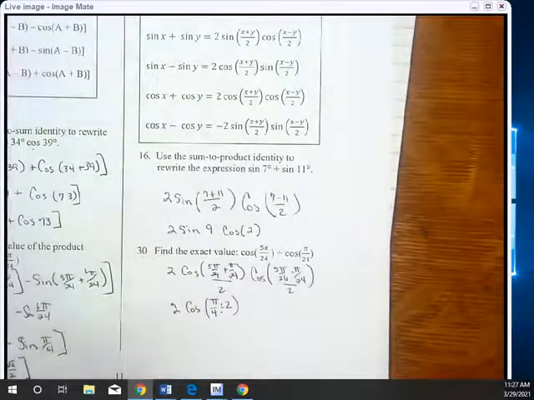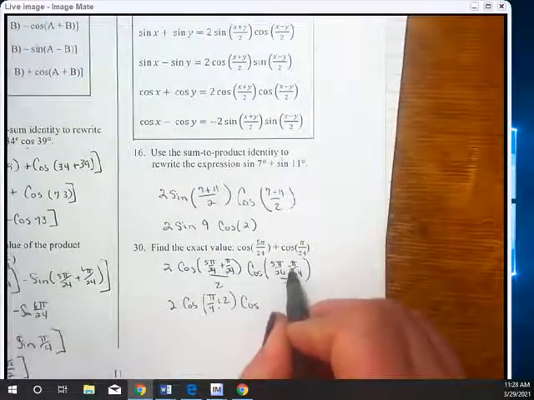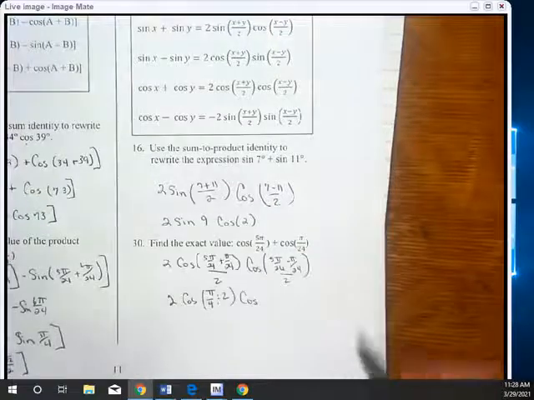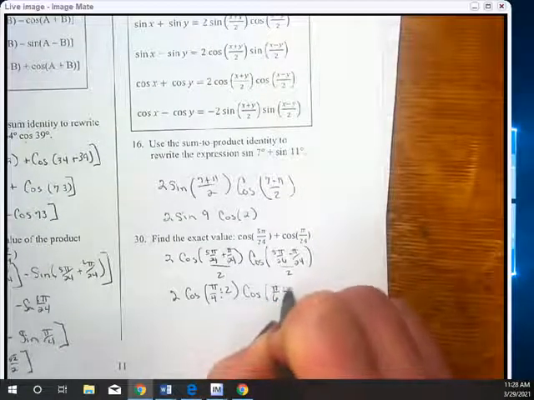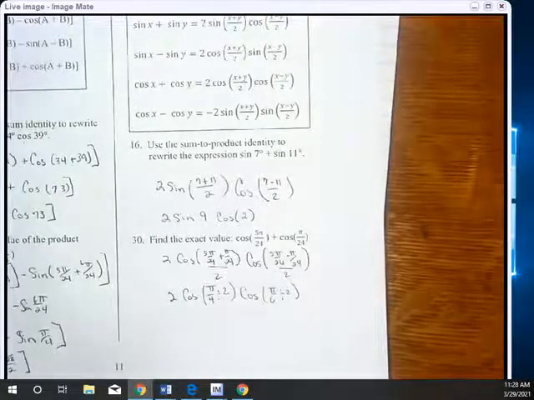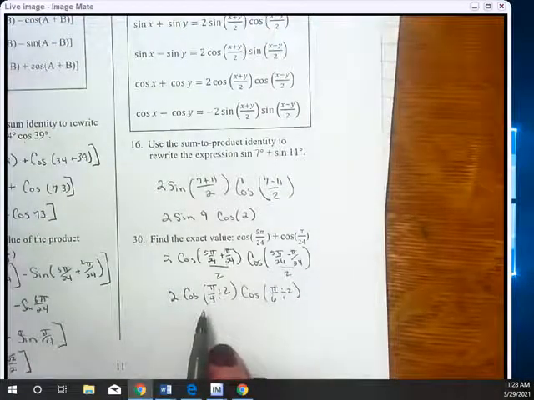Am I going too fast? 5 minus 1 is 4. 4 over 24. And that one is also divided by 2. So pi over 4 divided by 2.